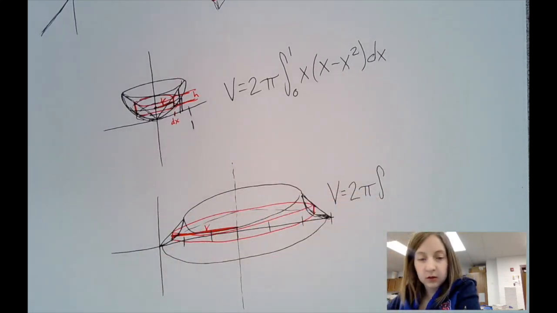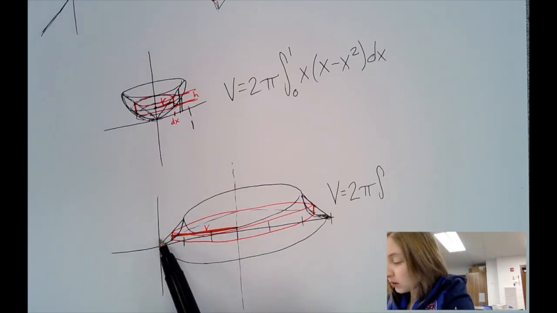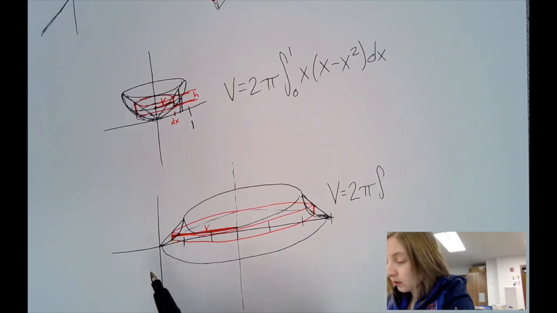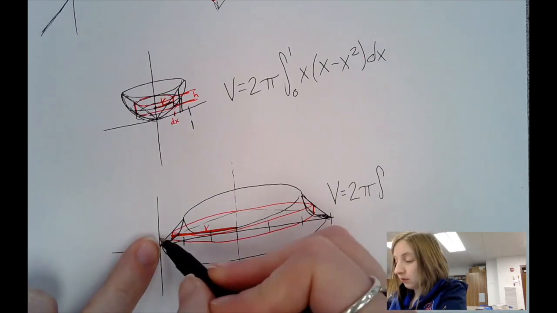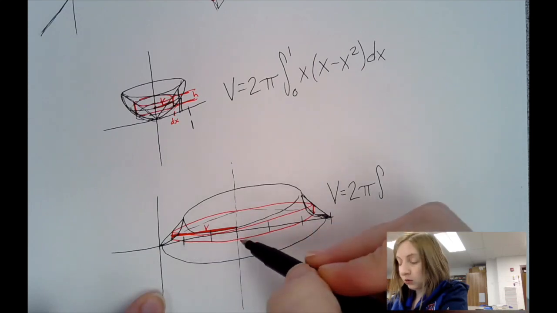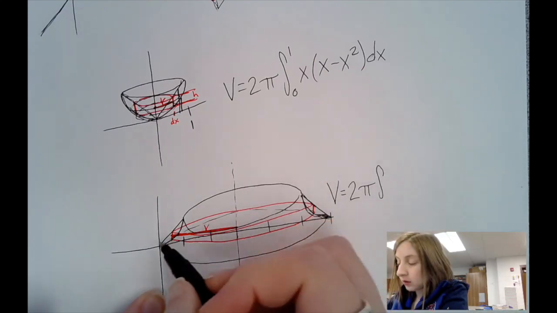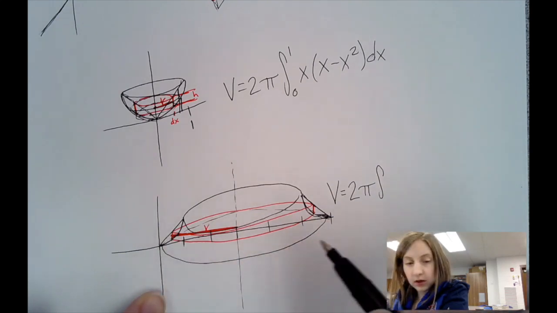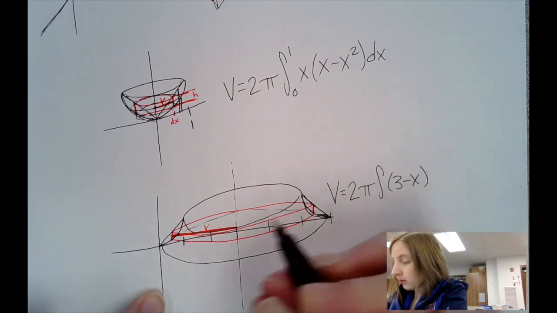So my radius this time isn't just x, because I'm not rotating around the y-axis. x would be the distance from the axis out to where I'm going here. I don't want that. I want everything but x between here and here. So we're looking at this whole distance, which is 1, 2, 3. And then I'm going to subtract away the x that I don't want. So this is going to be 3 minus x for my radius.